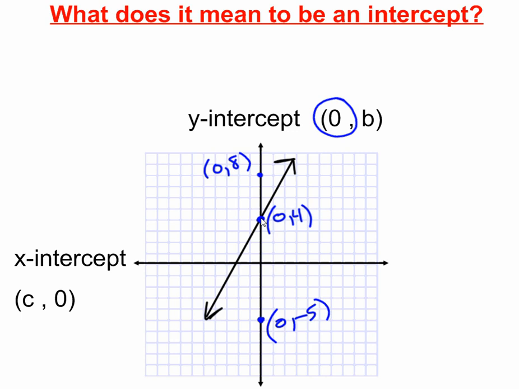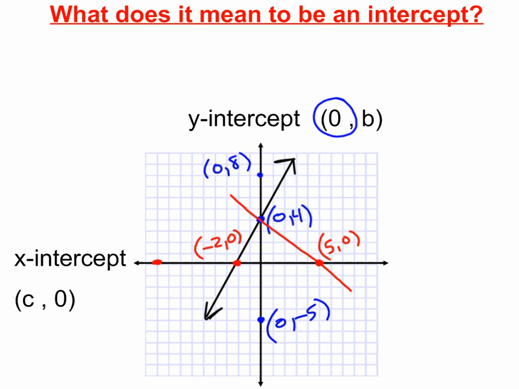Well, similarly, the x-intercept for this one is right here at negative 2 comma 0. If there was a graph that crossed through these 2 points, let's say like that, then I would have an x-intercept over here of 5 comma 0. I could have points over here to the left.